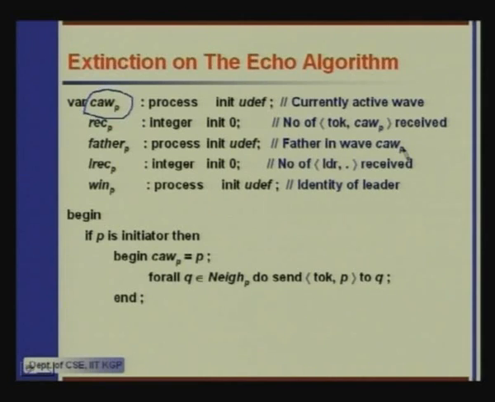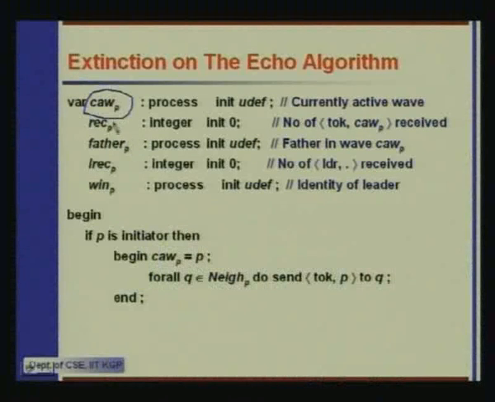But if a better wave comes, then that becomes the currently active wave and it will now start participating in that wave and abort all activities in the previously active wave. Okay. It will not participate anymore in the previous wave, it will forget everything about the previous wave and completely switch over to the new better wave. Okay. That is why FATHER P and REC P are all defined with respect to the currently active wave.